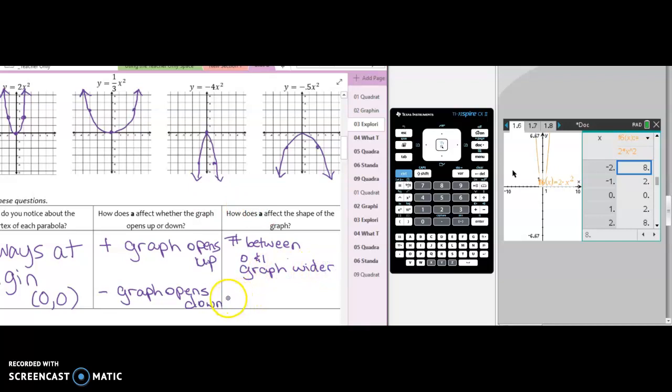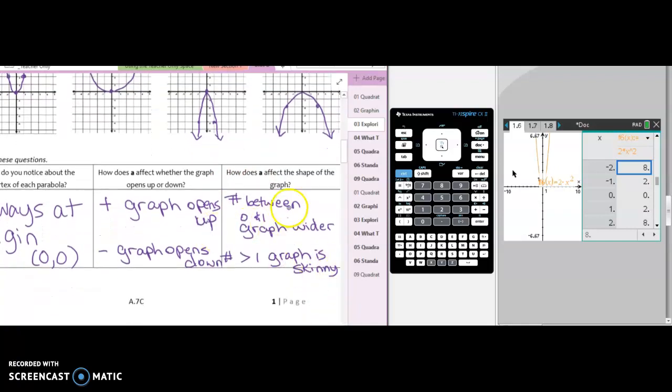And then if the number is greater than 1, then the graph is narrower or skinnier. We're just going to call it skinny. All right, so there is A.